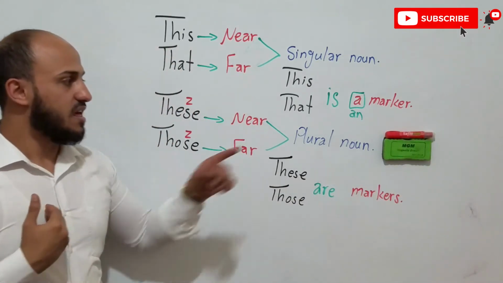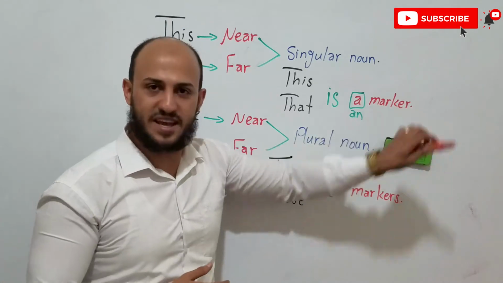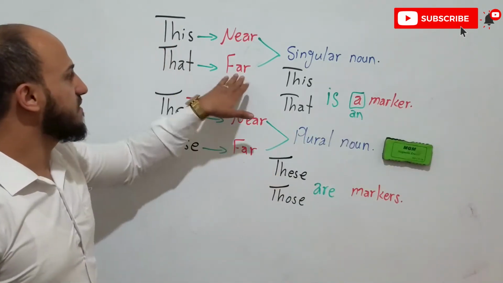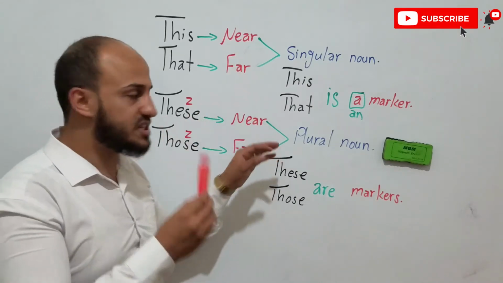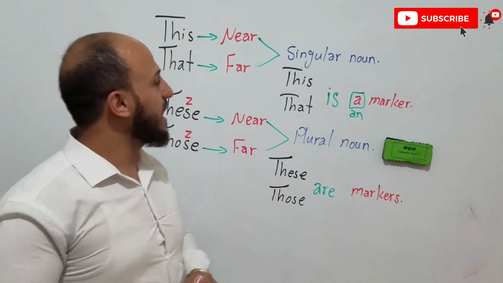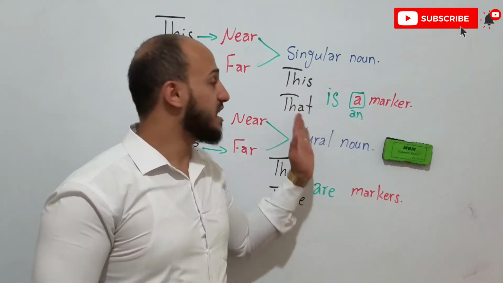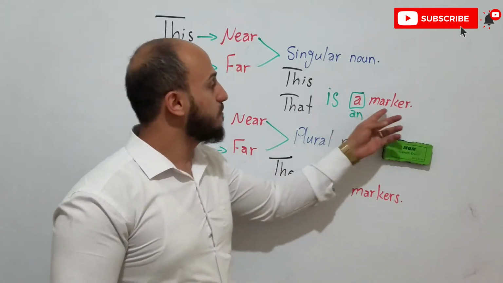So see? That is a marker because it is far. Okay? Far. That we use for far objects. Alright? And the object must be what? Singular.